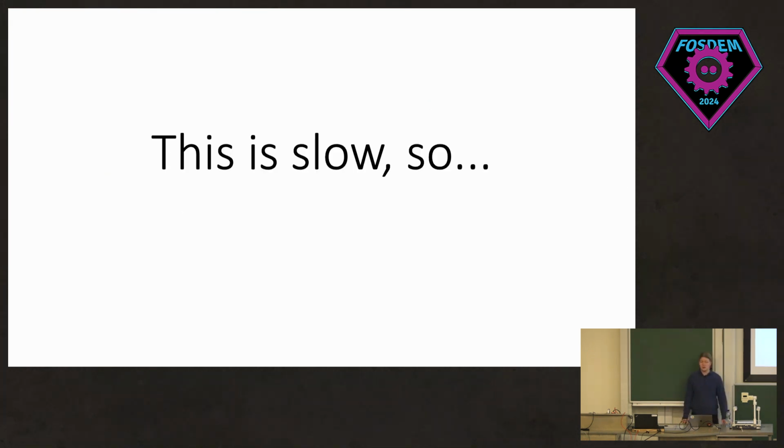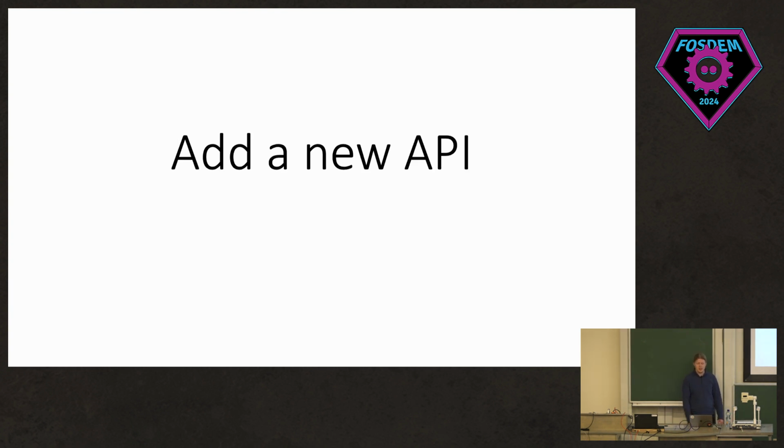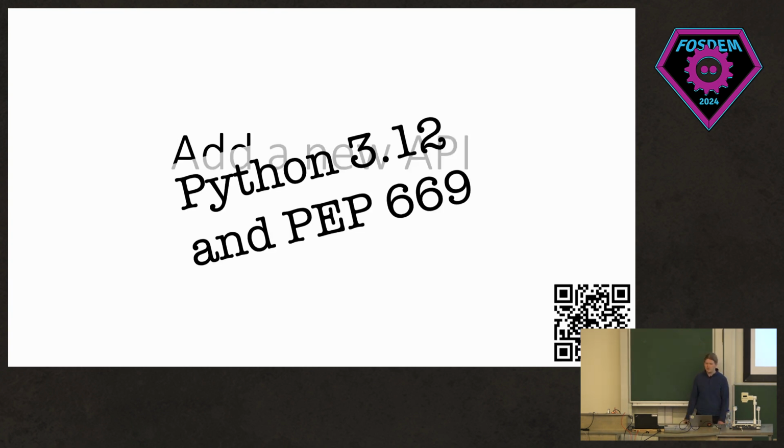So this is slow. There are multiple ideas how to improve this, and one of the best ideas, and if you're a Python developer, you should do this, if you're a Python core developer, is to add a new API. This API is defined in PEP 669, and it's really, really cool. And the cool thing is also that this PEP is written in a style that you can easily digest.